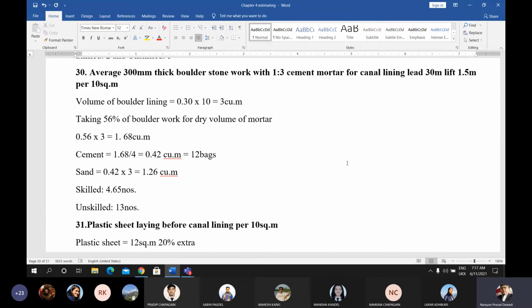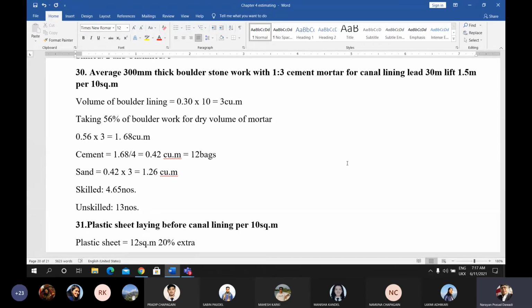Now the volume of boulder lining is 0.3 (300 mm) into the area of 10 square meter, so 3 cubic meter. Taking 56% of boulder work for the dry volume of mortar, you will get 0.56 into 3, 1.68 cubic meter. Now cement is 1.68 divided by 4. You will get 12 bags.